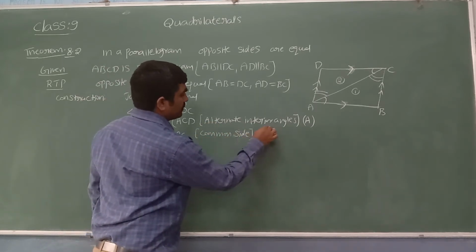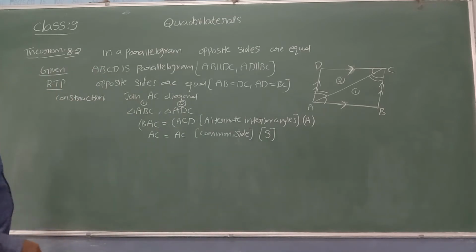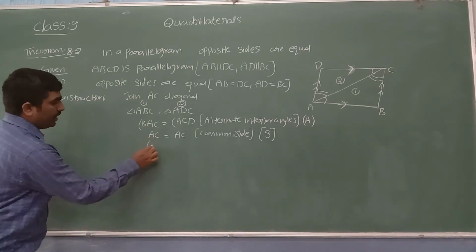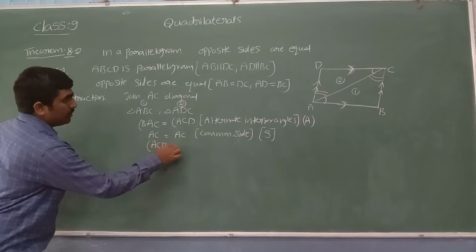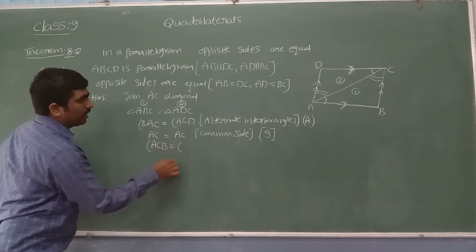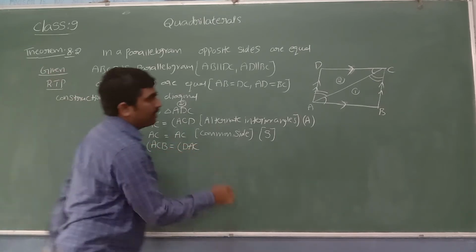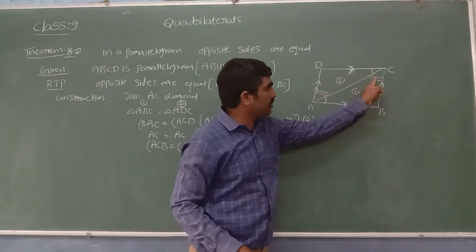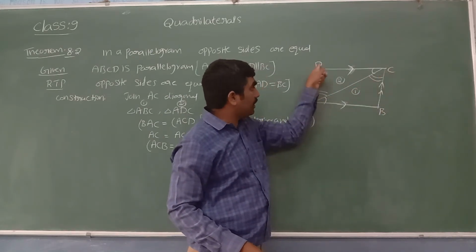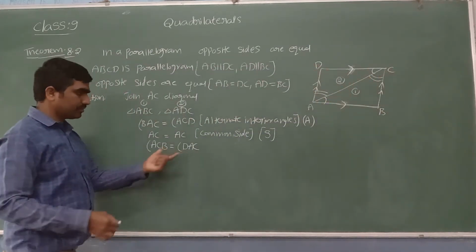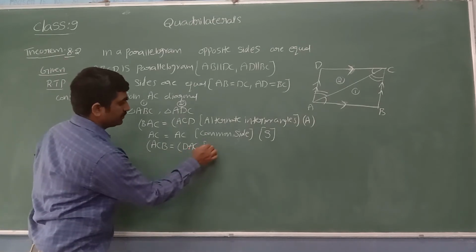One side finished. Next, first triangle angle C. We write angle ACB. Angle ACB is equal to the second triangle angle A, angle DAC. I am writing that both these are equal: this I wrote as BCA and this as DAC. Why are they equal?